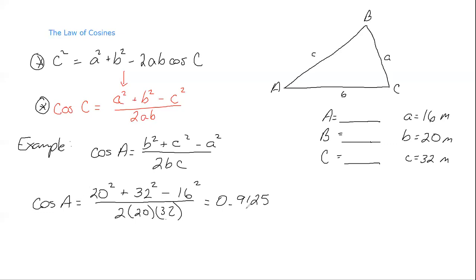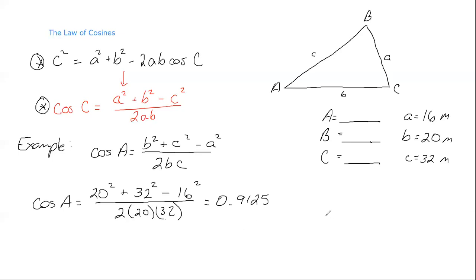So look at what this line says, that we are trying to find an angle whose cosine is positive. That means that this is a quadrant 1 angle. So I expect my answer for angle A to be somewhere between 0 and 90 degrees.